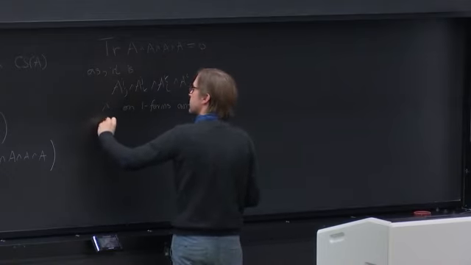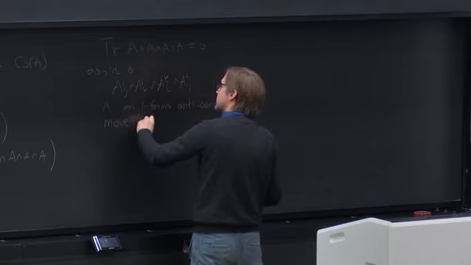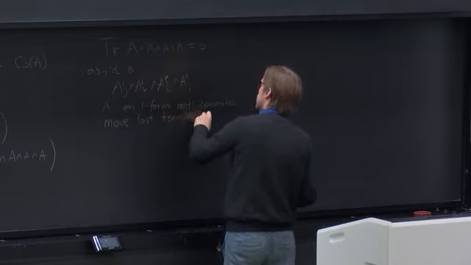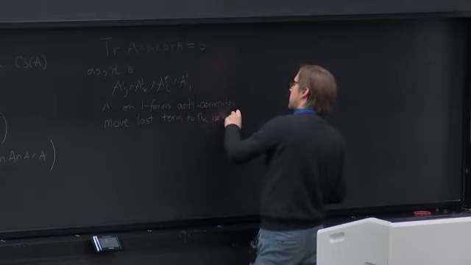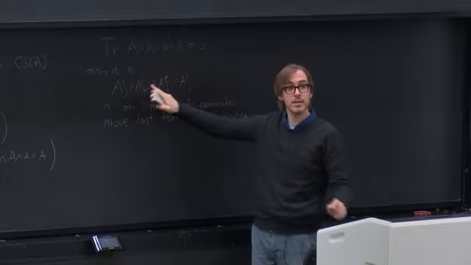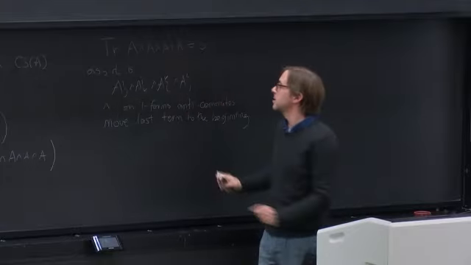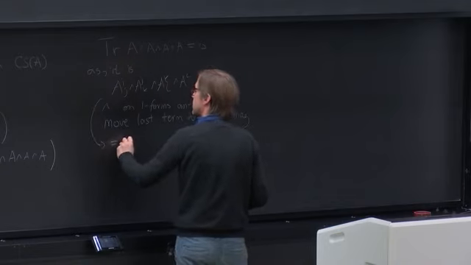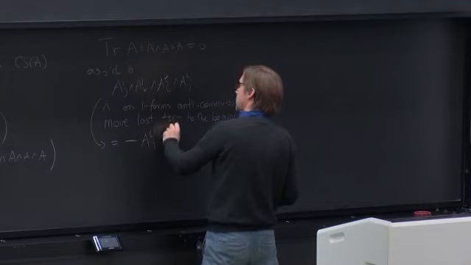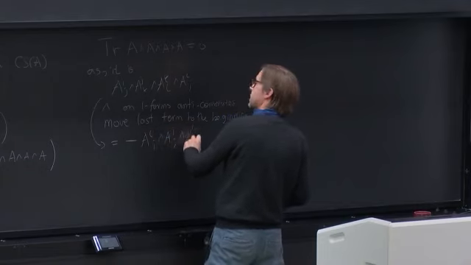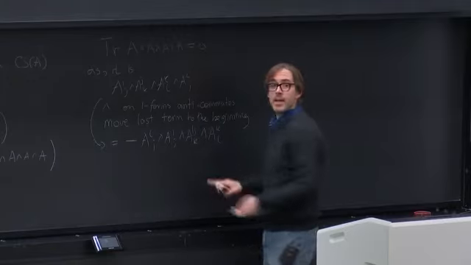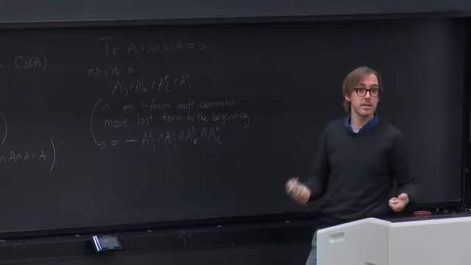So we'll move the last term to the beginning. This last A, I'm going to move it past these three, and I'll pick up a sign. So this expression is equal to minus A_li wedge A_ij wedge A_jk wedge A_kl. And now these two are actually the same with slightly different indices.